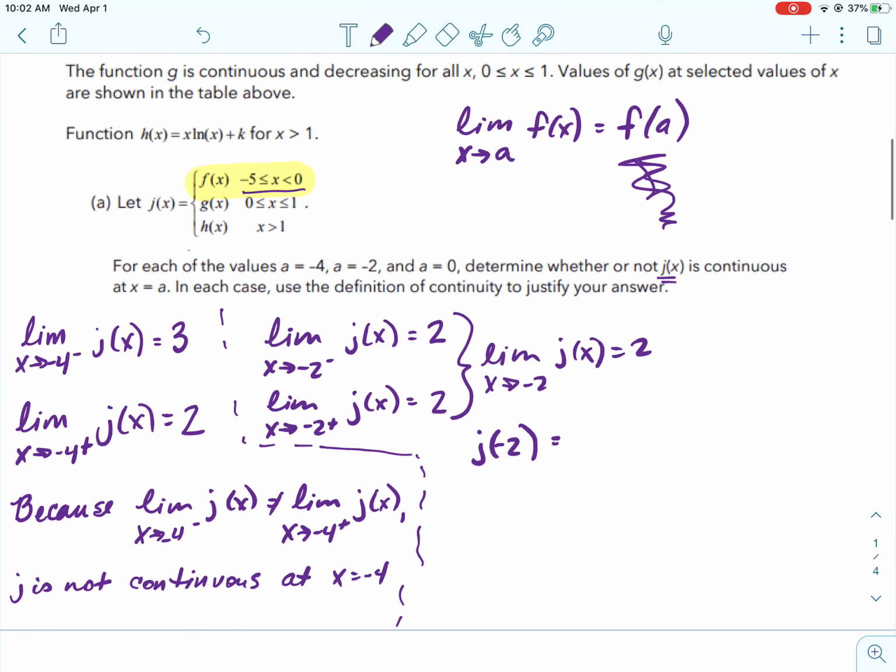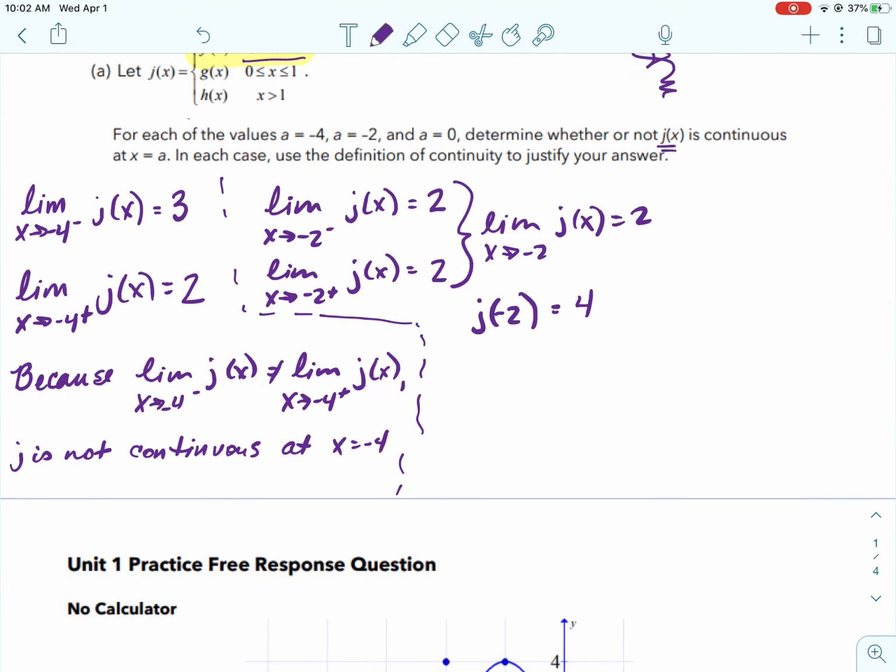If we look at our graph, the value of the function when x is -2 is this point right here up at 4. So because the limit as x approaches -2 of J of x does not equal J of -2, that means J is not continuous at -2.